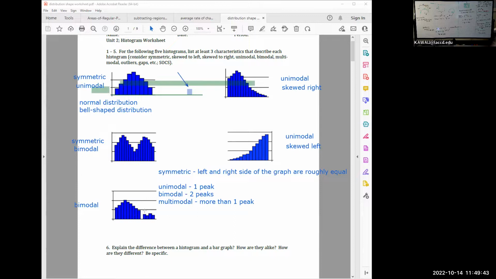See how this is a group? I wouldn't call that an outlier. This person over here is considered an outlier. Someone that's very different from everyone else. Okay. So if you have a group over here, we wouldn't call it an outlier. The most you could do is maybe say that there is a gap.